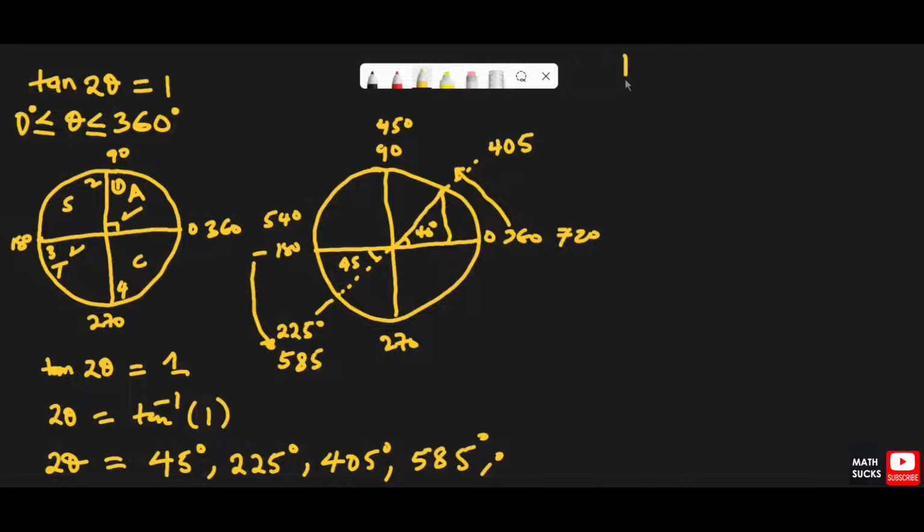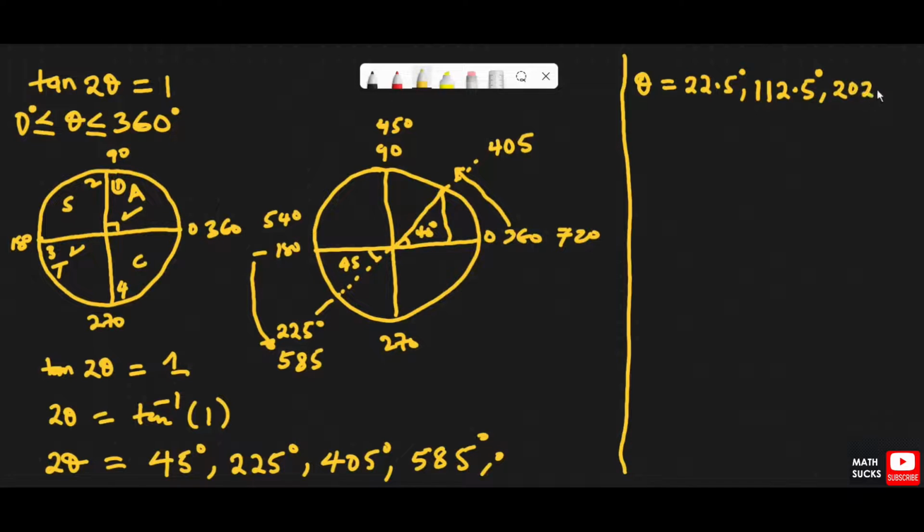Now this is the final part where we have to get theta. We divide these angles all by 2. 45 divided by 2 gives us 22.5 degrees, then 225 divided by 2 gives us 112.5 degrees, then 405 divided by 2 gives us 202.5 degrees, and lastly 585 divided by 2 gives us 292.5 degrees.